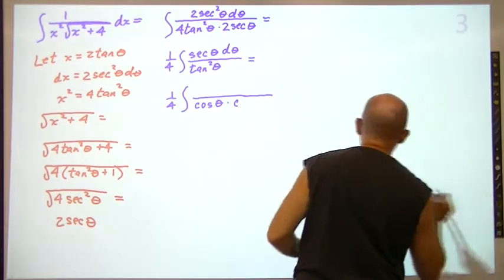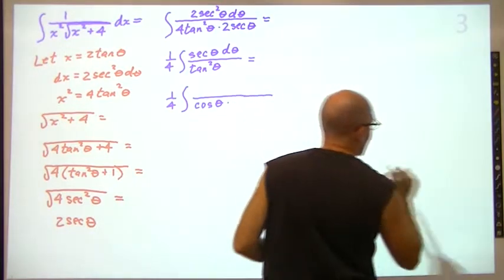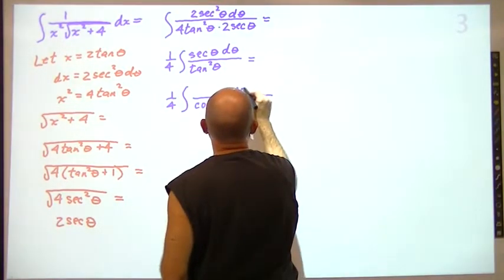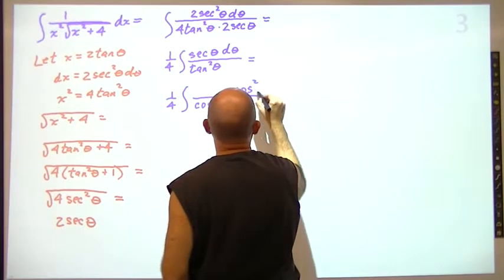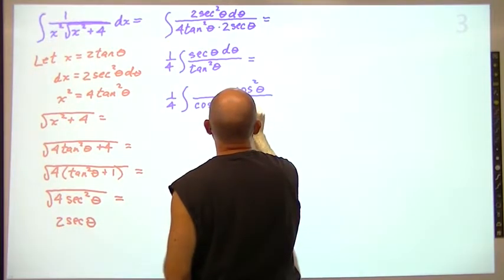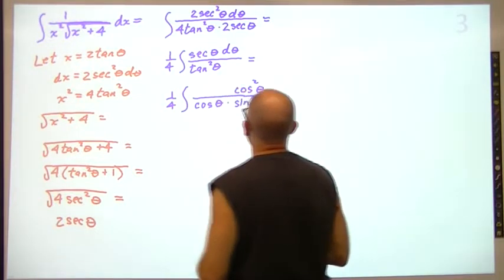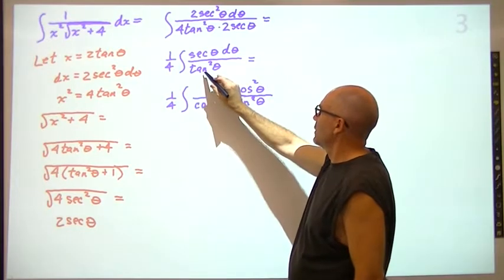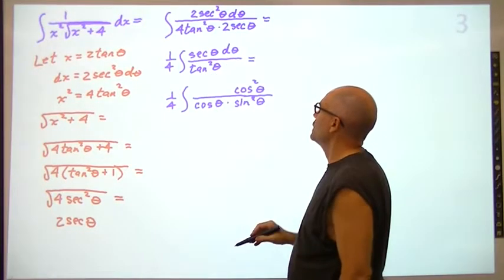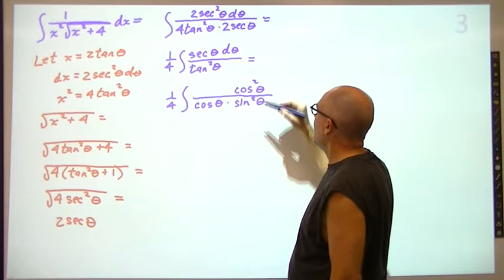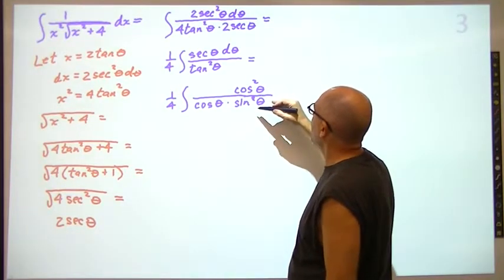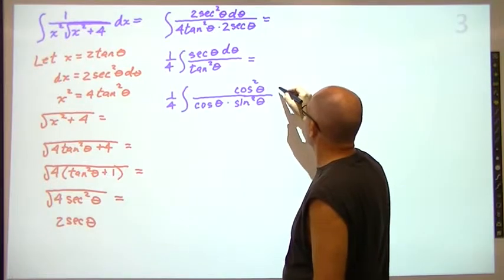So when I flip that, it's going to end up being cosine squared over sine squared. So notice tangent squared is on the bottom, so that means cotangent squared would be on the top, and there's cotangent squared right there. And now we have our d theta.